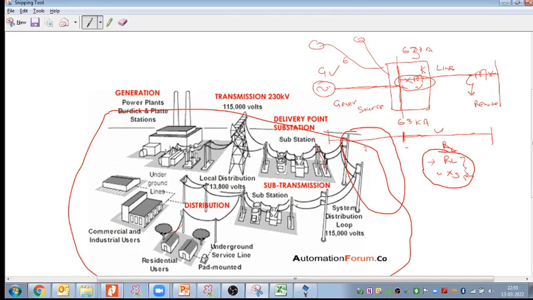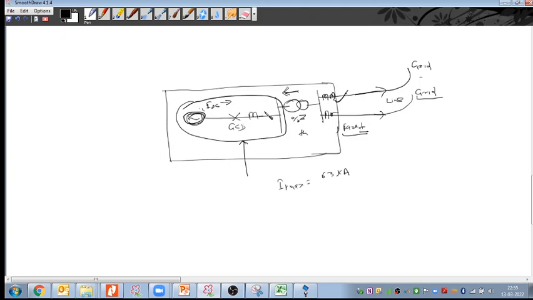But when it comes to the generator, should we take the generator side fault current as per the CEA, or should we calculate the fault current as per the generator? That was the question, right, Salis?